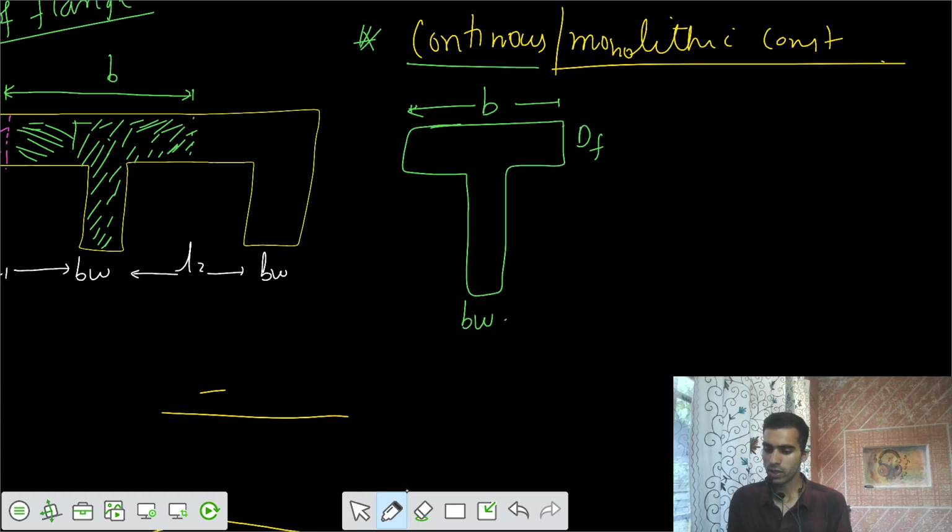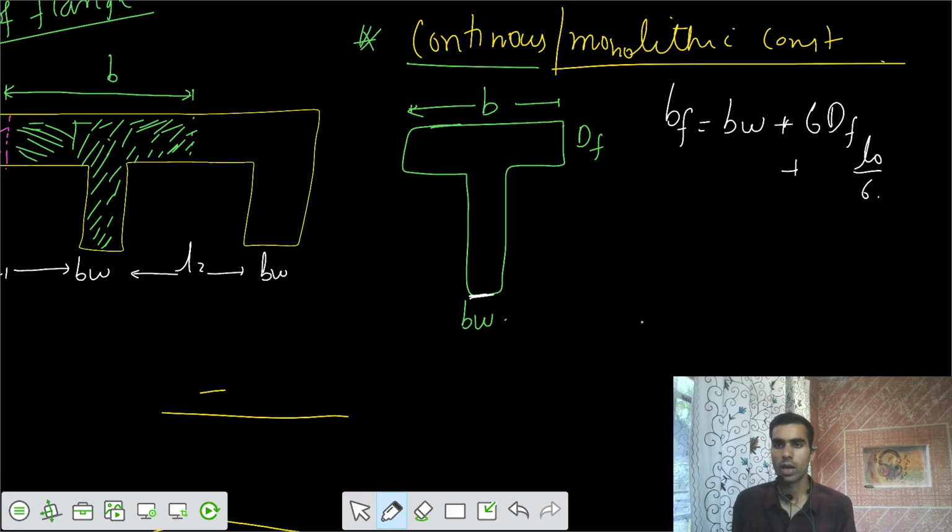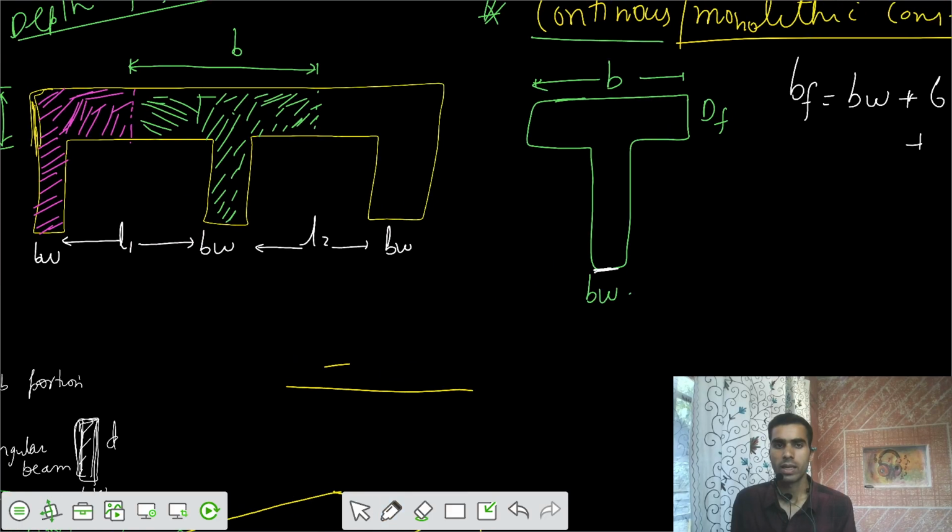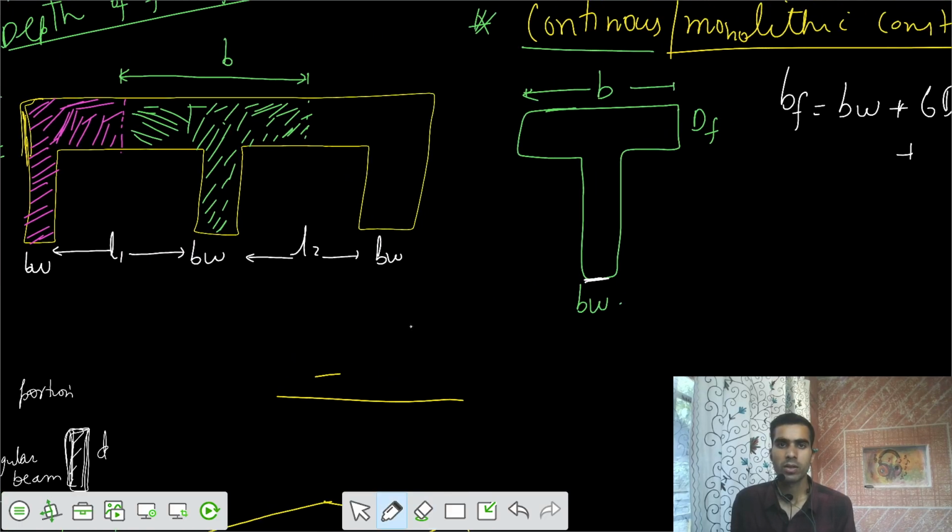Then we have the equation for the T beam: effective flange width bf equals bw plus 6 times df plus L naught by 6. From the back side it would also be a continuous system.